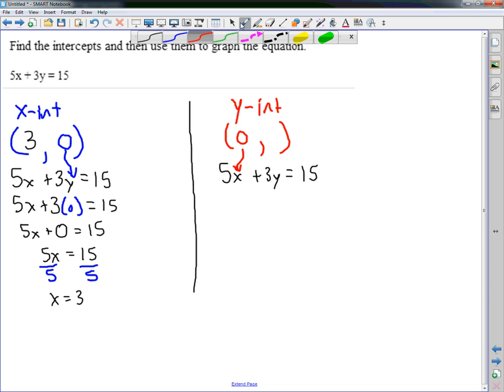So I have 5 times 0 plus 3y equals 15. Go ahead and pause the video for a moment and solve for y. Once you've solved, hit play again, and we'll check to see if you have the same answer.